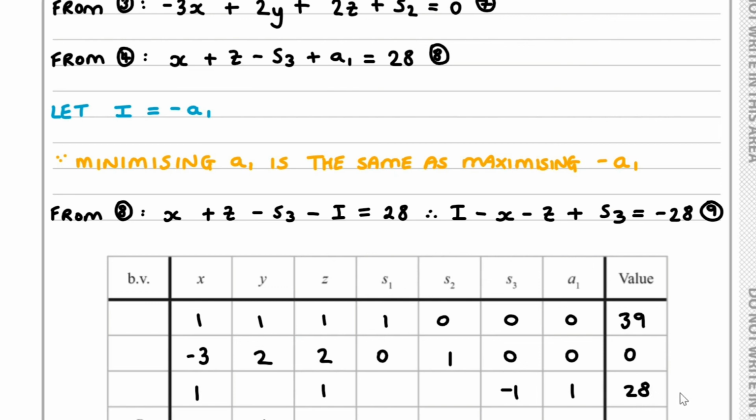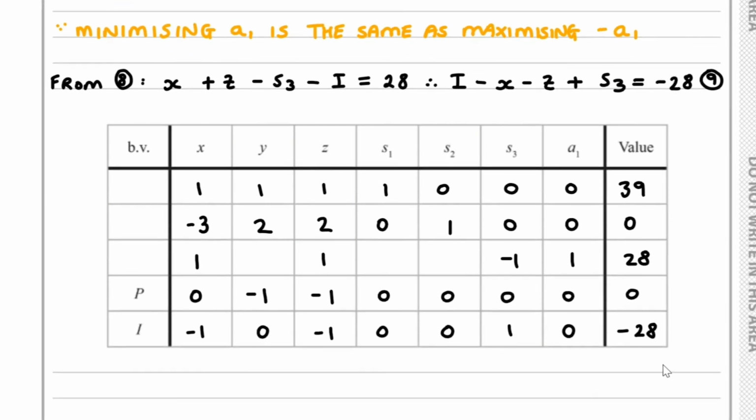This is equal to 28. And then I fill in the rest with zeros. And then for the basic variables, I would have s1 to begin with, s2, and a1, as we see here. So here is our completed table.